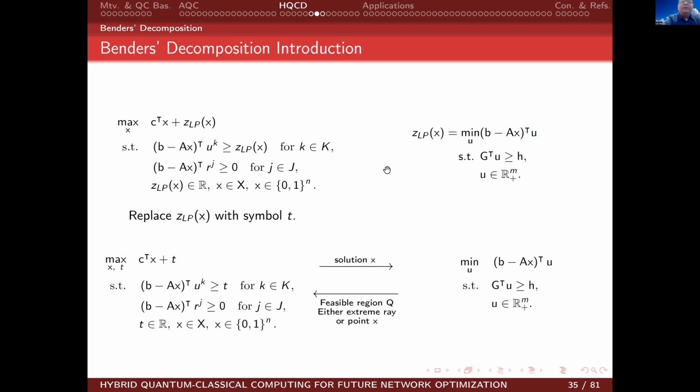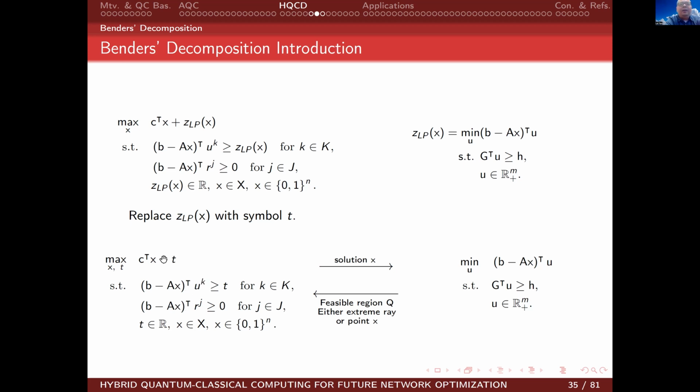So for this Benders decomposition, we can use this. Suppose we introduce a variable t to represent the objective value of the subproblem, and then this master problem can be described in the way at the bottom left.